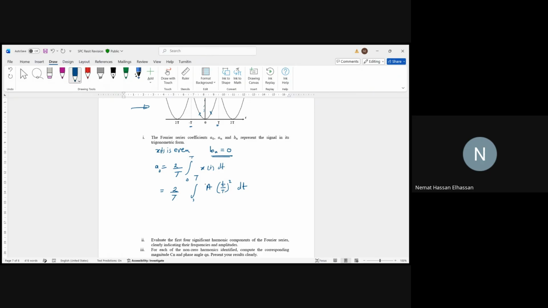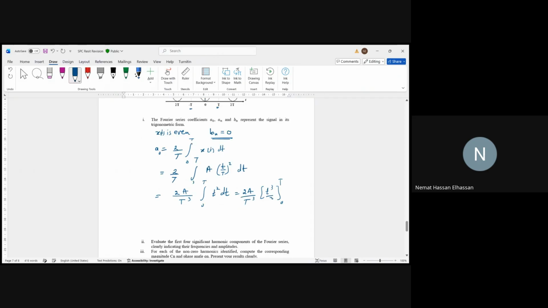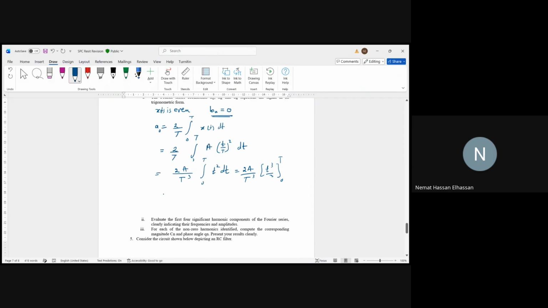So we can take a outside the integration, and we can take T squared outside the integration. It will be the integral from 0 to T of t squared dt, which is equal to 2a over T cubed times t cubed over 3 with limits from 0 to T. If you substitute the upper limit and the lower limit, it will be 2a over T cubed times T cubed over 3 minus 0.